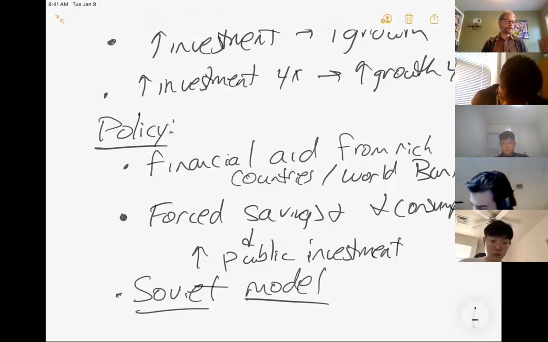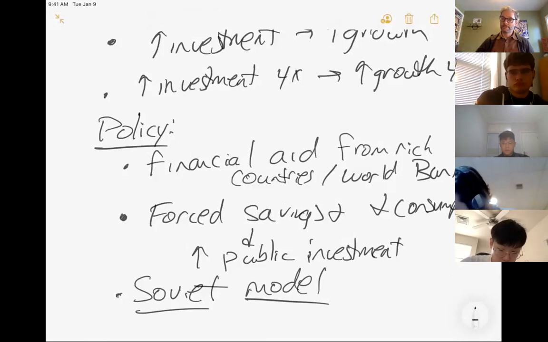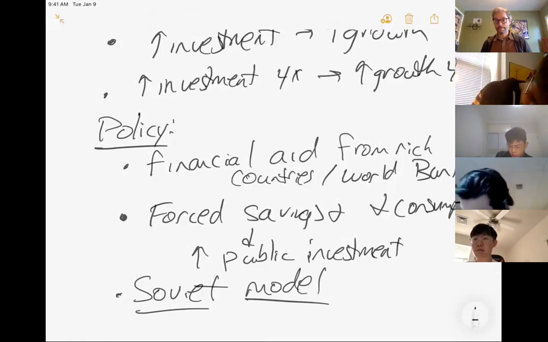You might think about this as kind of a Soviet model. So in the old Soviet Union, goods were rationed, right? Or you could think about it as a model of what happened in the US during World War II, right? So much of production was devoted to the military that the government decided we were going to ration consumer goods. So rationing consumer goods is also a model of forced savings, because you're limiting the amount of consumption that people can do, forcing them to save, right?